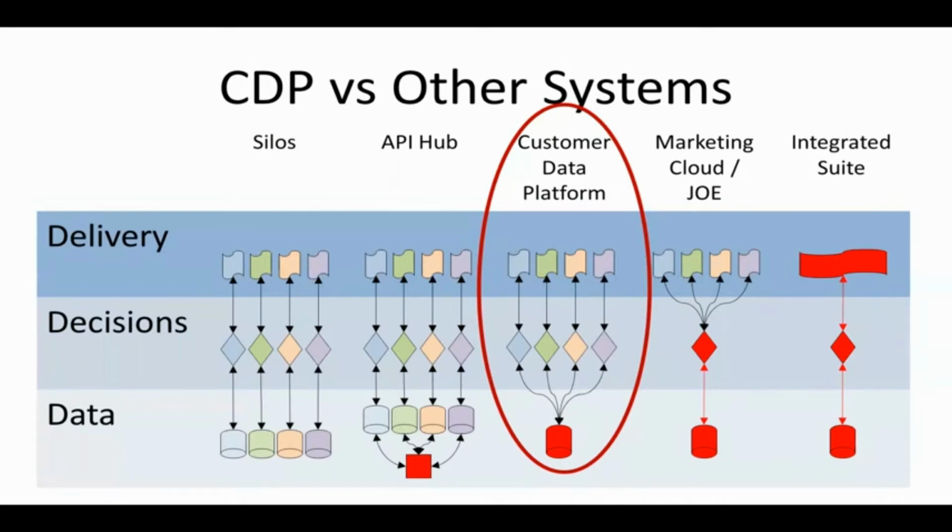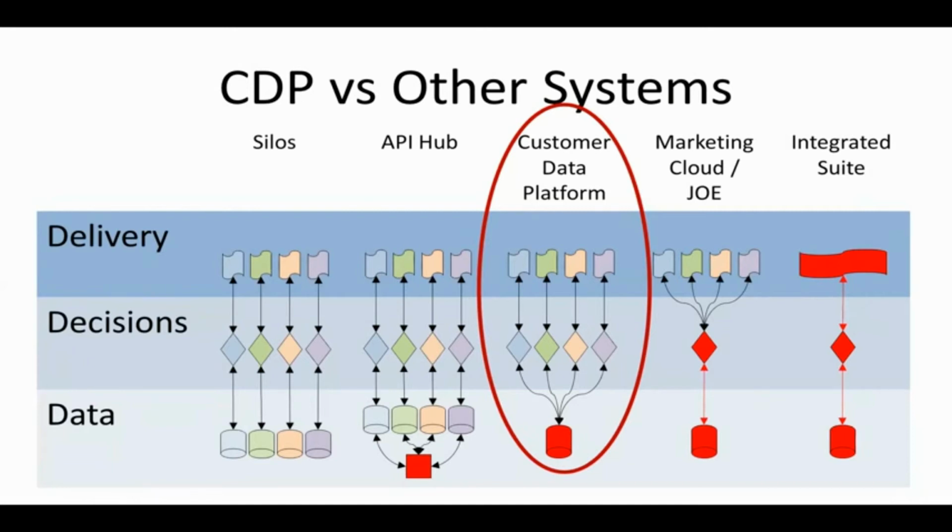So the CDP is the first time at least the data layer is unified, truly unified with one persistent database that gathers all the customer data and then shares it back out to the decision systems, which in that layer are still separate.